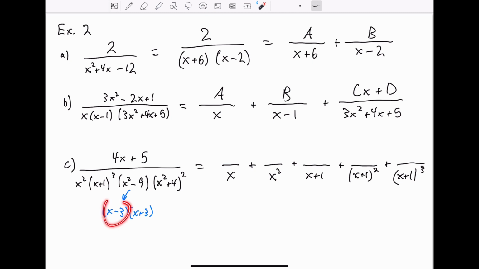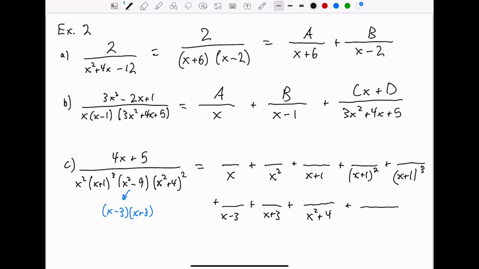And then I have 2 linear factors. Each of those gives me a fraction. So I'll have plus something divided by x minus 3 plus something divided by x plus 3. And then finally, I'm at the last factor, which is an irreducible quadratic that's been repeated. Since it's repeated twice, I'll get 2 fractions. The first one has a denominator x squared plus 4.